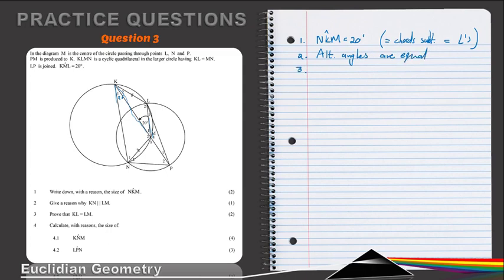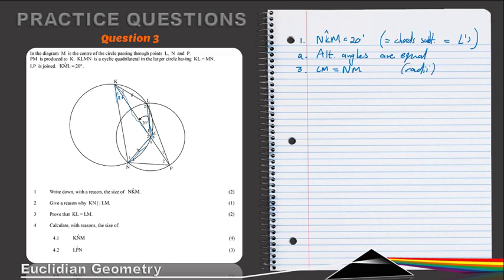And then for 3, prove that KL is equal to LM. So KL is equal to LM. All right. Now, if I look at this smaller circle, then this is actually the radius, and this one is also then the radius. Now, therefore, we have that LM is equal to NM, and that's the radii.